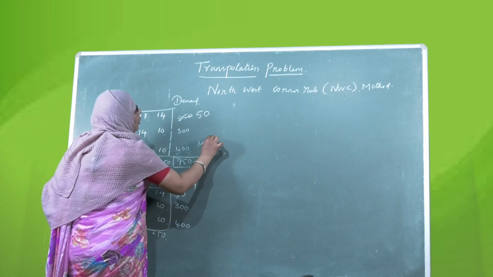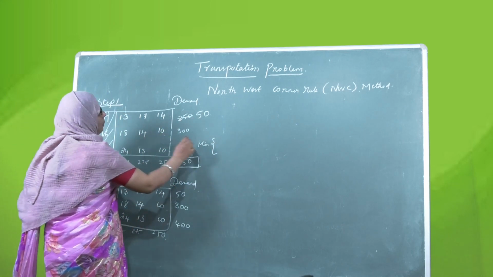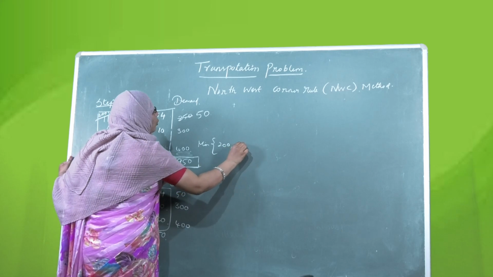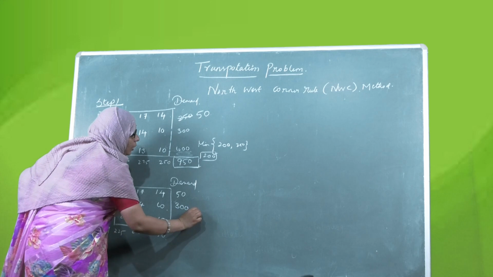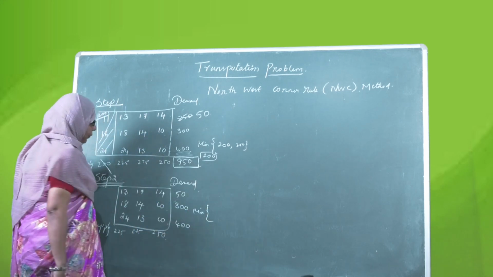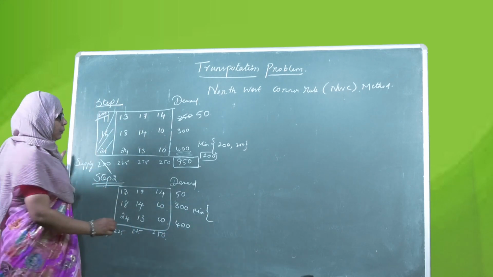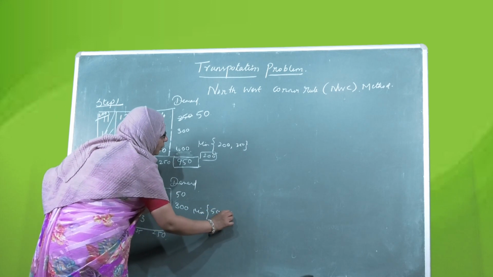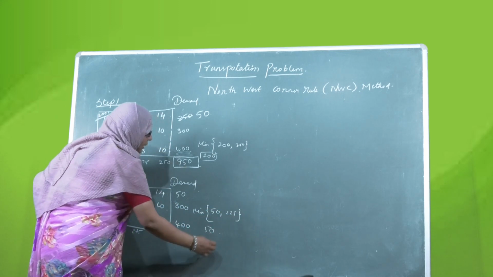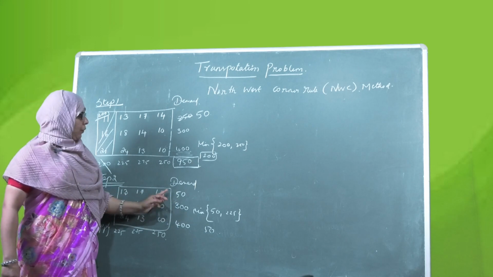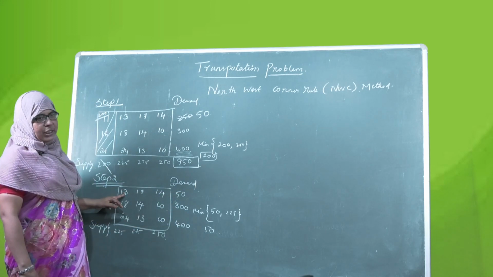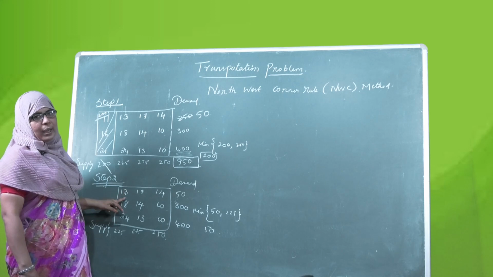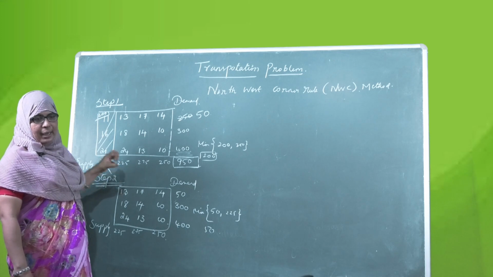One more step for your understanding: the minimum of 200 and 250 is 200, and the minimum of 50 and 225 is 50. So we allocate 50 in the cell 13, because 13 is the northwest corner element.